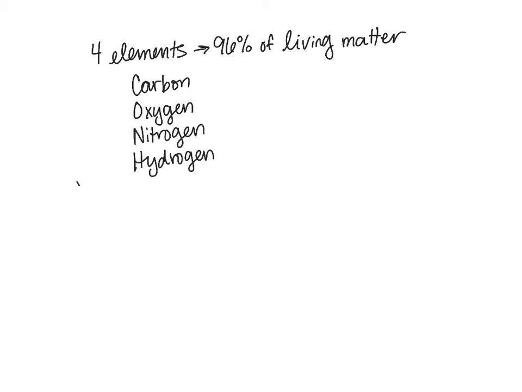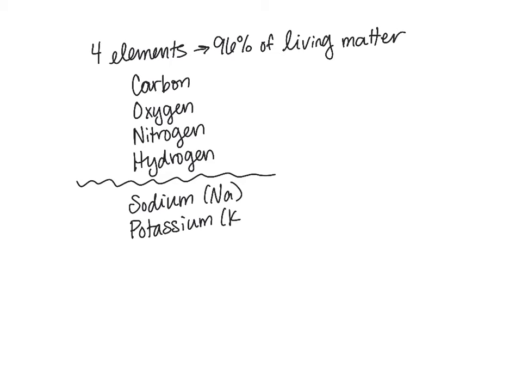So some additional atoms that we're really going to talk about a lot in biology are things like sodium, which is abbreviated as Na, potassium, which is abbreviated as K, calcium, abbreviated as Ca, and chlorine, which is abbreviated as Cl.